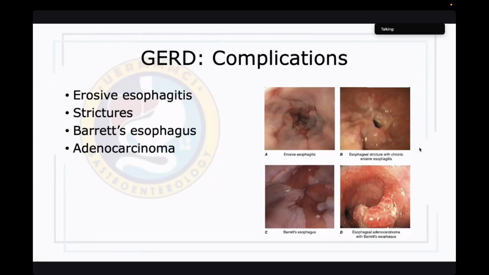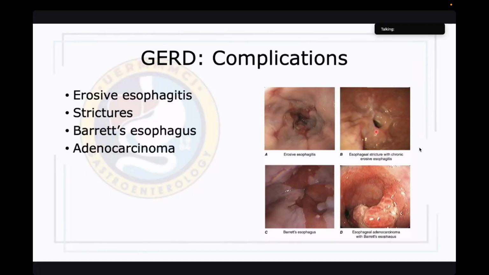These complications of GERD are usually seen in those individuals who have GERD for a long period of time. Erosive esophagitis and strictures are not that common now because of the effectiveness of medications, particularly the proton pump inhibitors. If with erosive esophagitis, long-term PPI would be very beneficial.